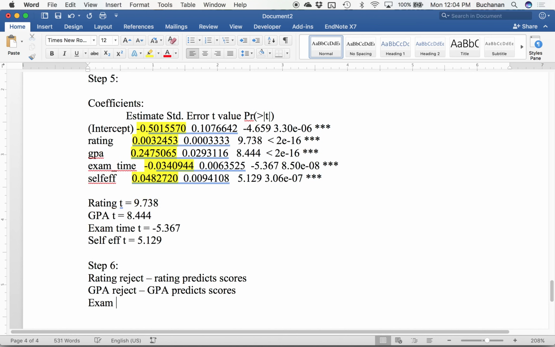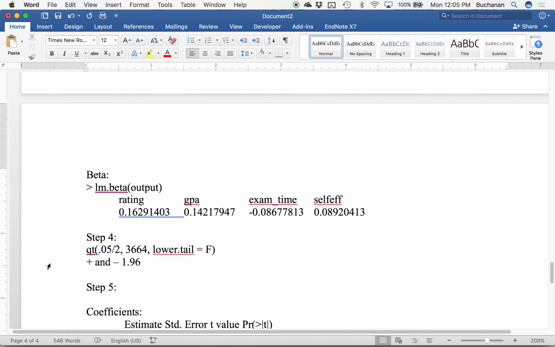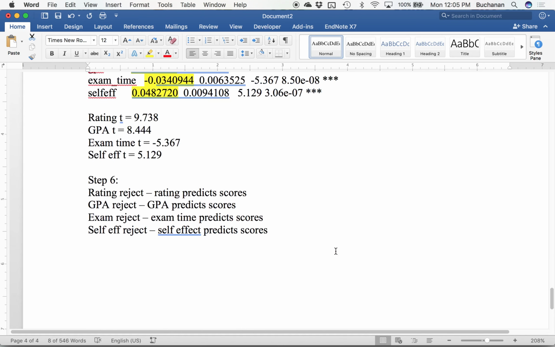The exam time also predicts scores because that negative 5.36 is bigger than 1.96. And then self-efficacy here, also reject. I picked a really good example. So self-efficacy predicts scores. They're all predictive, which is really cool. That's awesome. But now I could use beta here to figure out which one's the best.